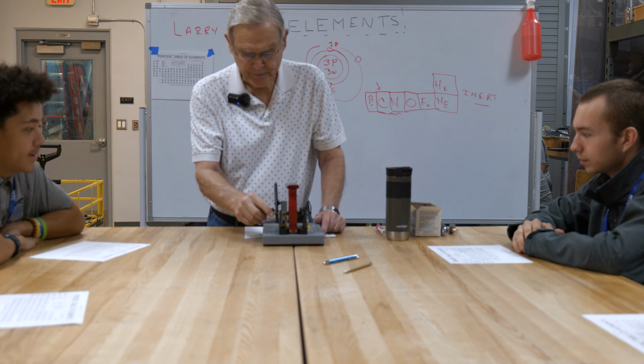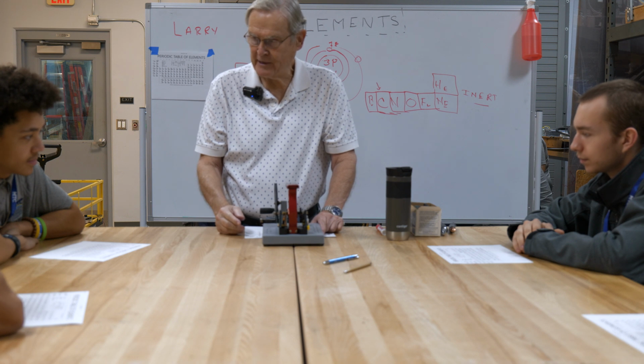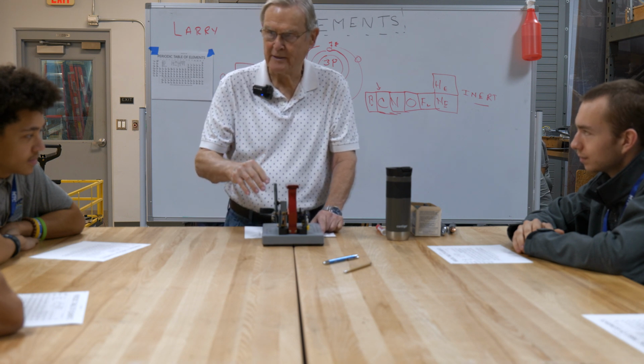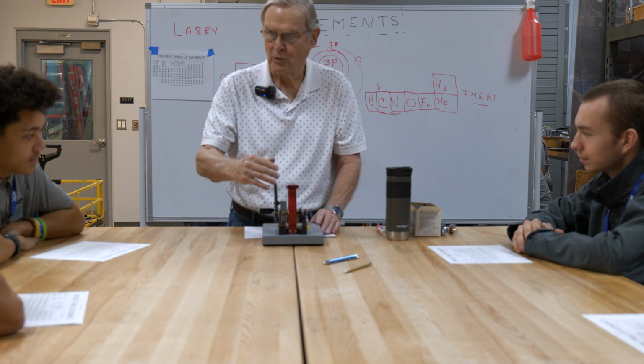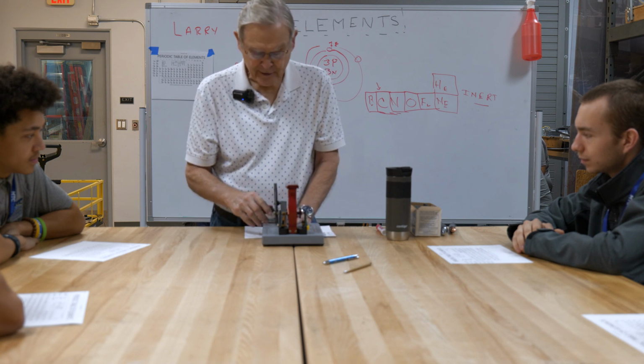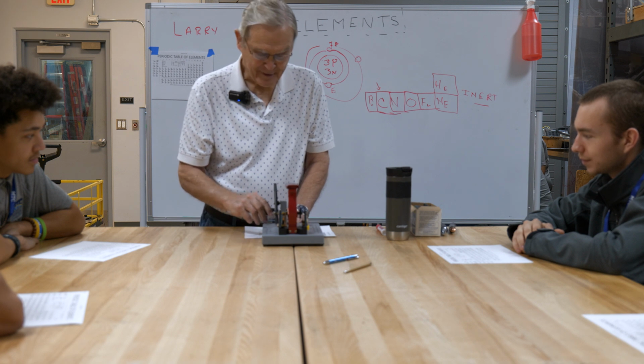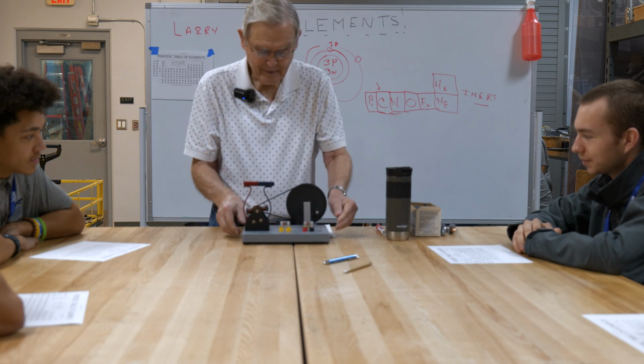And then what you do, now that you've got the copper and the magnetism, the third thing you need is a relative motion between the two. In other words, something has to move. Well, in this case, it's going to be the rotor. And so this little gizmo is supposed to demonstrate.